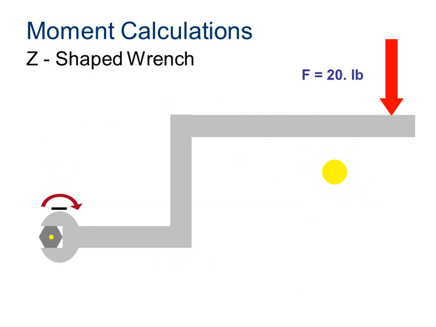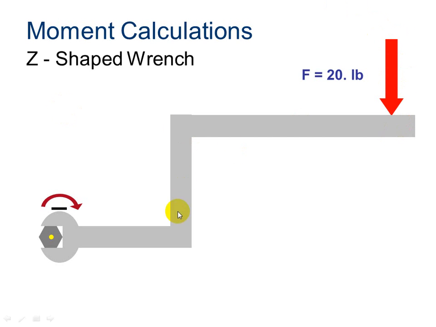Let's go a little bit crazier. What if I have a Z-shaped wrench? Okay, again, not highly likely you'll ever see or use one of these, but I need to use it to make sure we understand the perpendicular distance idea. So I'm going to exert 20 pounds of force on the wrench at this point.